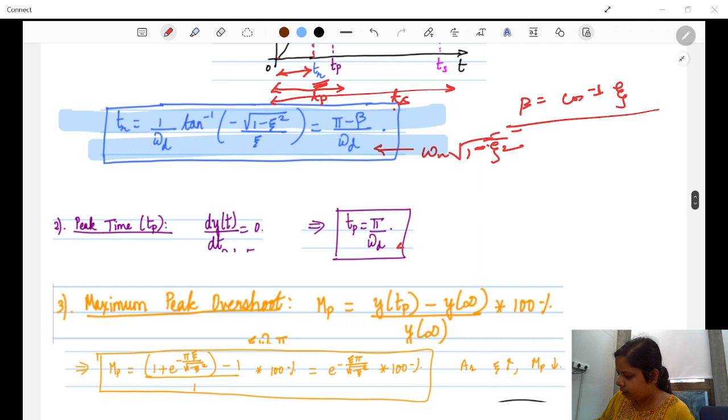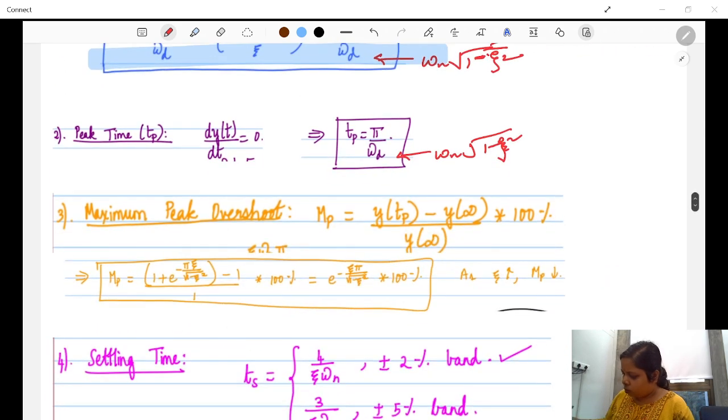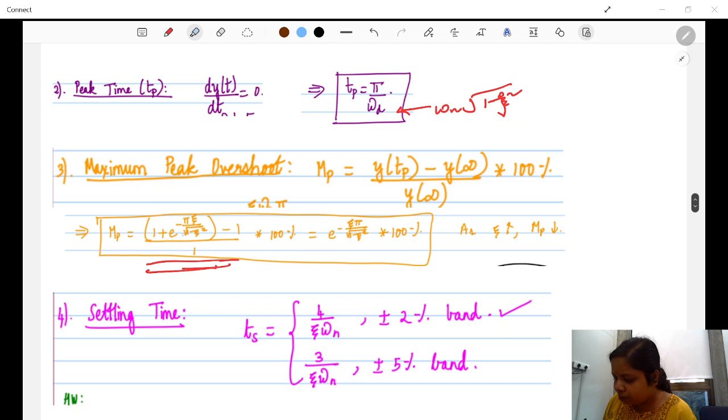Peak time is, and again here omega n under root 1 minus zeta square is omega d. Maximum peak overshoot has this formula, that MP is 1 plus e to the power pi zeta upon 1 minus zeta square.